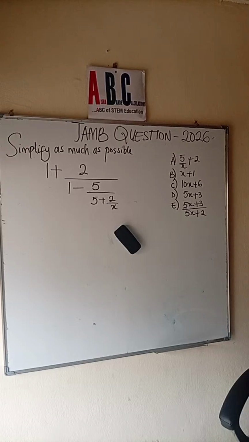Okay, so let's give other audience on my other platforms that are watching live to also drop their answers. Then we'll solve together. I have some people on YouTube who have already dropped their answers. 5x plus 3. So people have 10x plus 6. Please, let's not do guesswork.